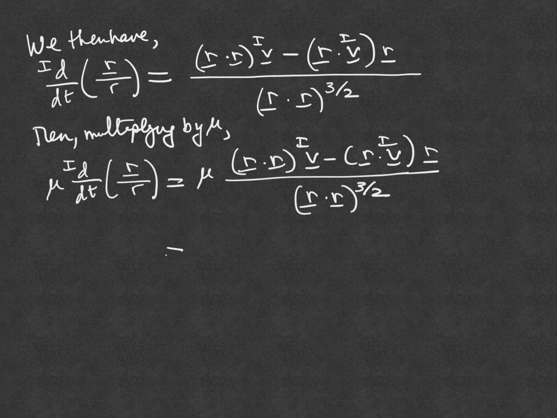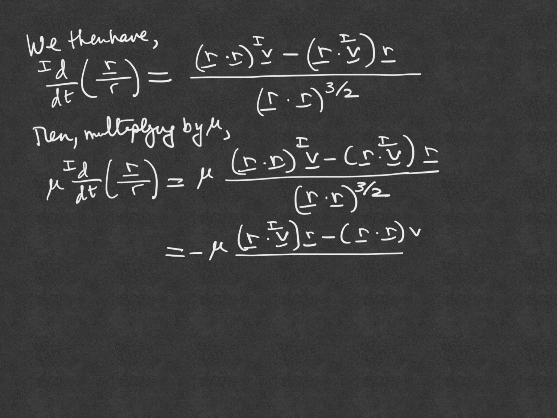But that can be written as minus mu times r dotted with VI times r minus r dotted with r times VI, all divided by r dotted with r to the 3/2. So then, using the result from the previous page, that's equal to minus mu over r cubed times r crossed with HI.